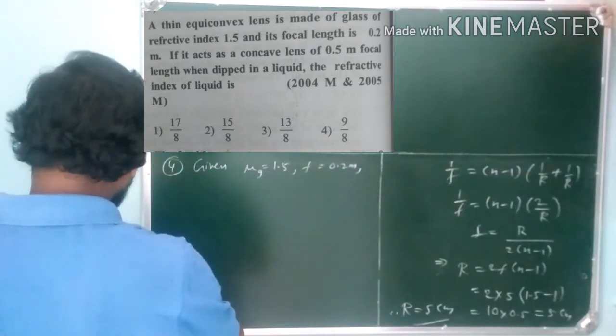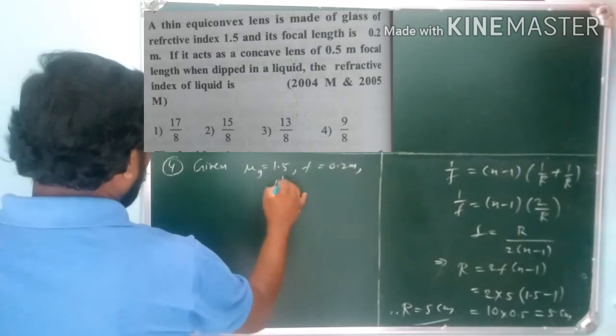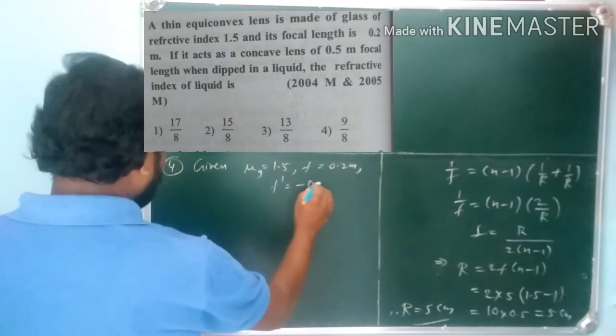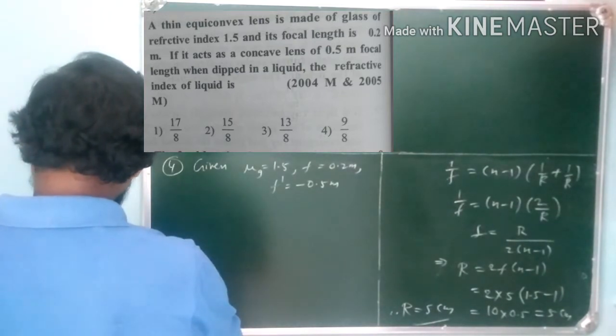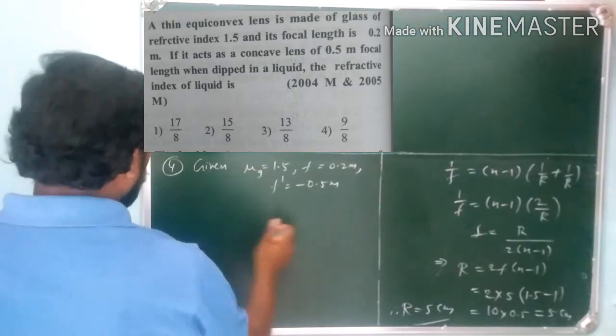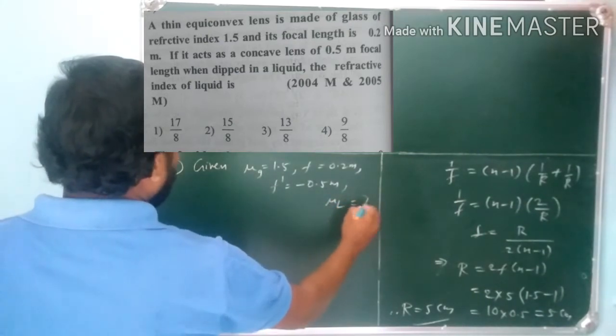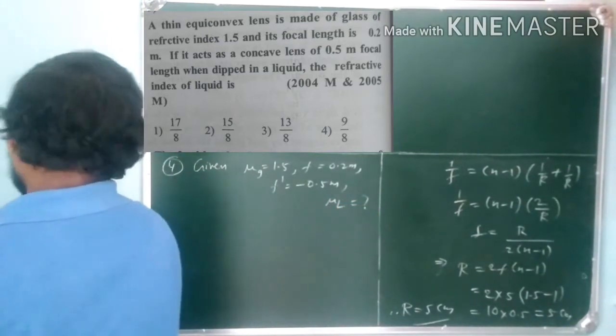If it is a concave lens, the focal length f dash is negative, minus 0.5 meters, when dipped in liquid.